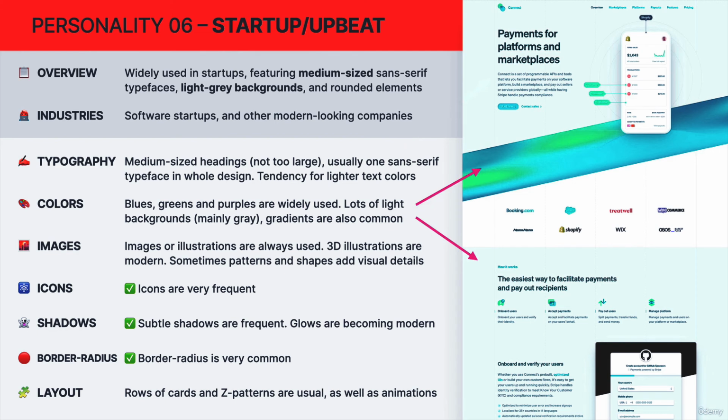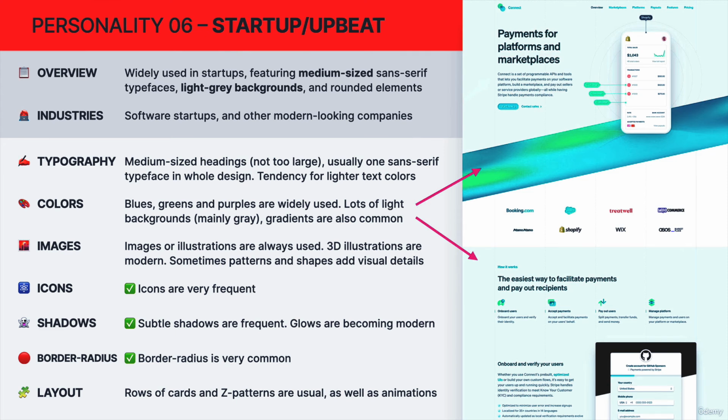Now, about the colors, greens and blues and purples are used a lot for the primary brand colors. And then as for background colors, it is very common to have a light gray background in many places in these designs. And again, we can see that right away here in this example on the right side.